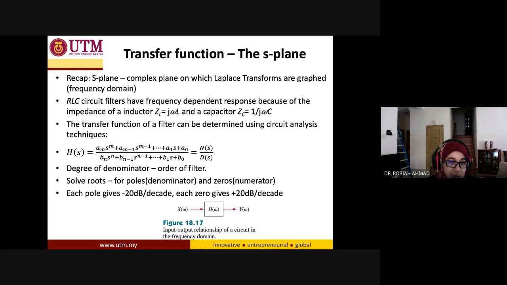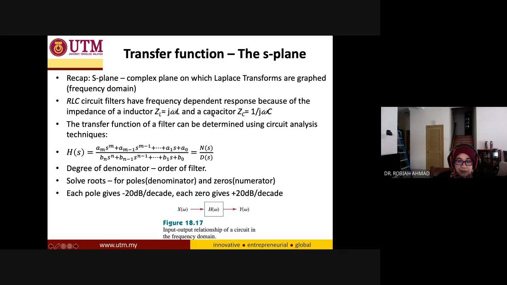So why do we need to know the frequency domain, or maybe for the mechanical system, why do we need that? Because for example, in RLC circuits, or in this case, the RLC filters, they have frequency dependent response because of our ZL and ZC. When we do the voltage analysis, the voltage divider, just like yesterday, we have to calculate the impedance. Impedance of the resistor is clear, ZR equals R. Impedance of the inductor, ZL, is j omega L, where omega is the frequency.